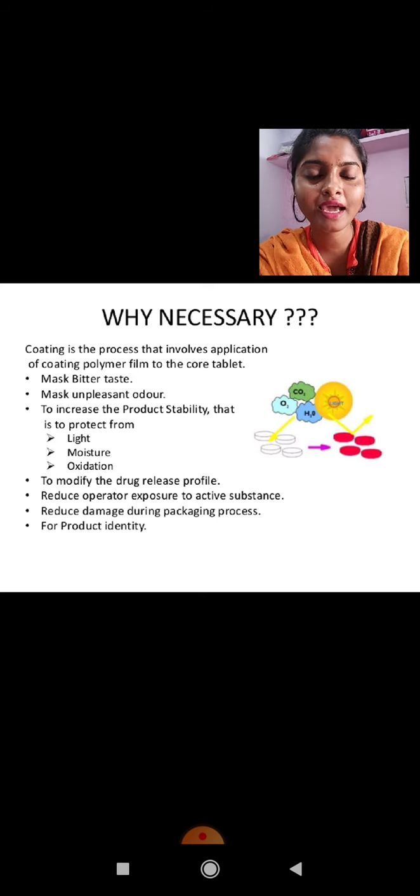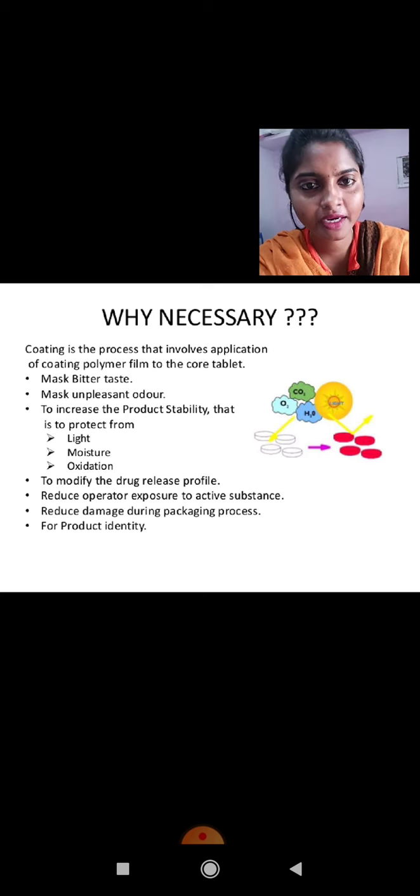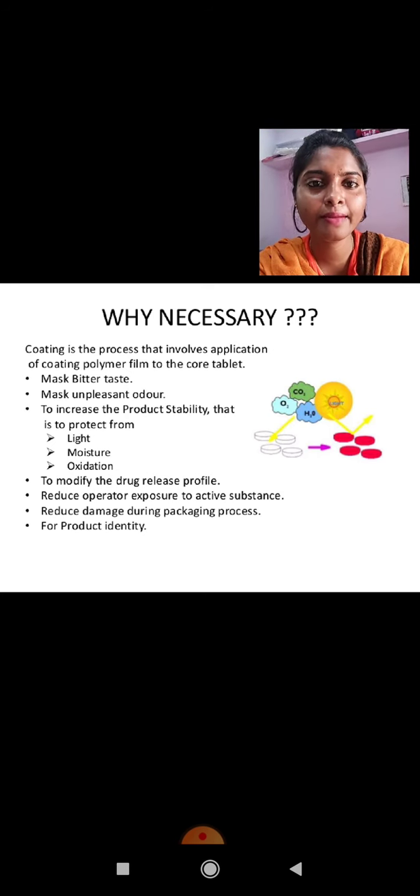With accurate colors we can easily identify the drugs also. Illiterate people remember the tablets, like a red color tablet or a yellow color tablet, so in this way they easily identify the tablet.